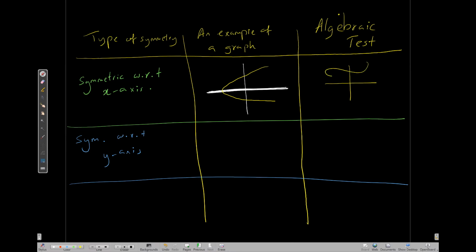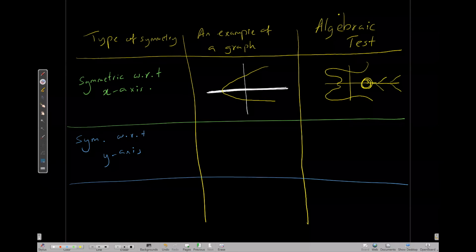It can be something like this. See, that part is mirror imaged by your x-axis. So basically so many graphs, like if you put a sleeping man like this, it's symmetric with respect to x-axis, right? Now let me erase those things.